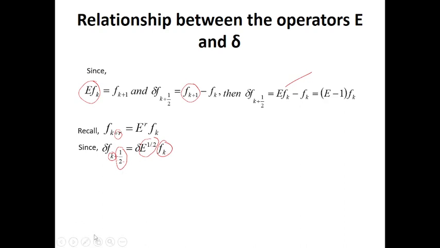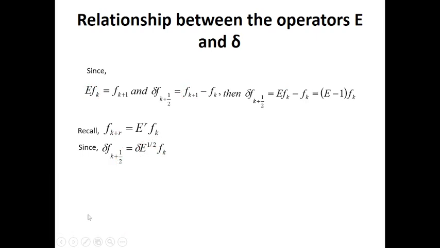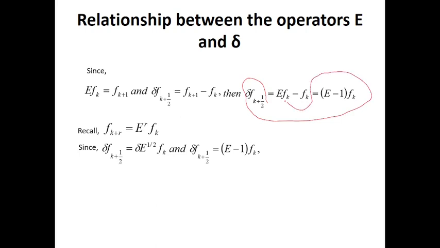So, yun ang meron natin ngayon. No? And, delta f sub k plus 1 half ay equal dito sa (E minus 1) f sub k. No? Kasi, we have derived ito yan. The two are equal. So delta f sub k plus 1 half is equal to (E minus 1) f sub k.